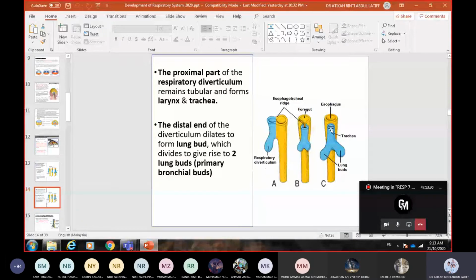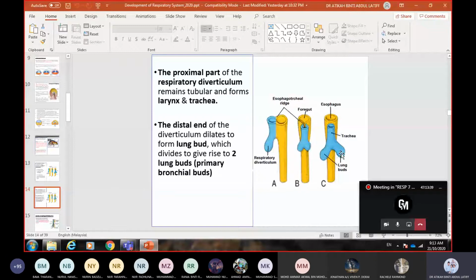The distal ends here will dilate to form the lung buds. This will give rise to your two primary bronchi, right and left. We will continue with the bronchi in a bit.